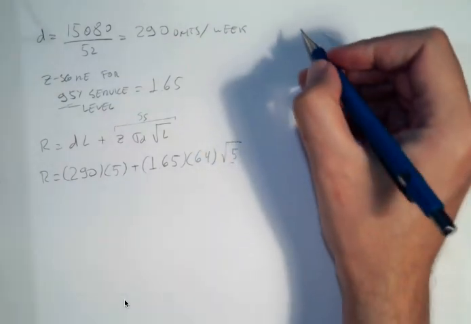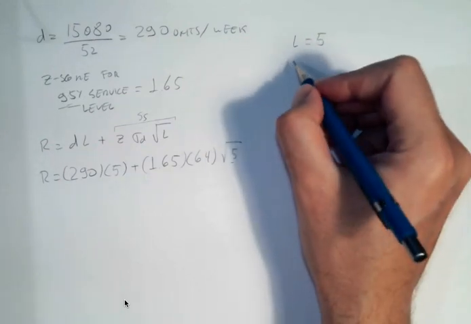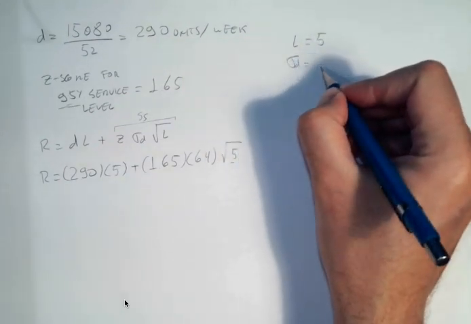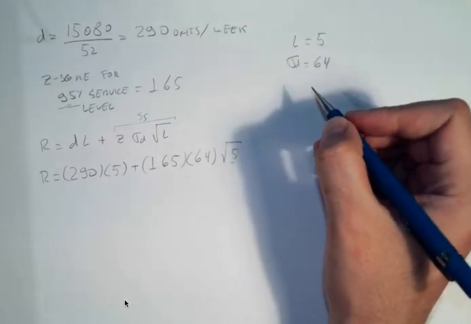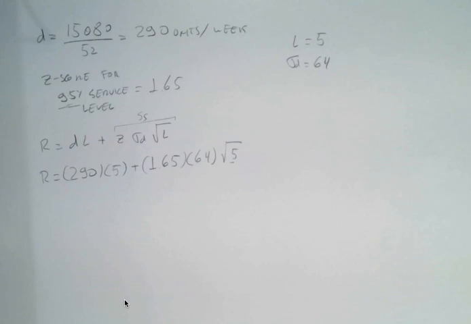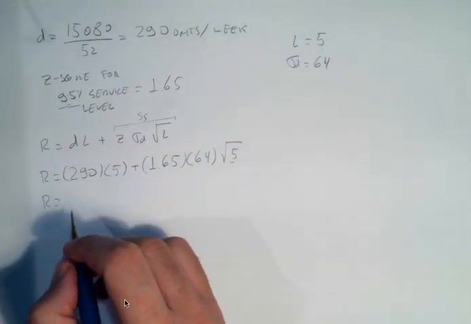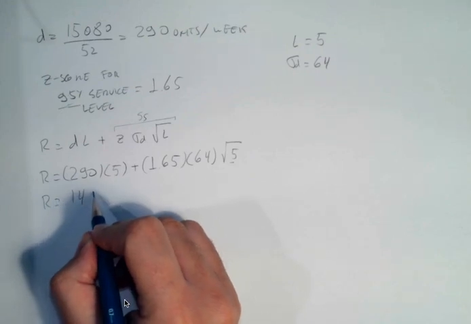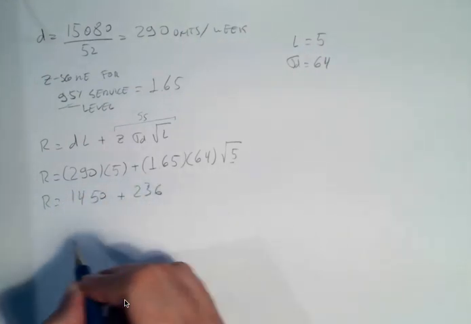Okay, so we can write here so you guys don't forget. Lead time is 5. Standard deviation of the demand is 64. That's all given by the problem here. Okay. So R for us is going to be 1,450 plus 236.